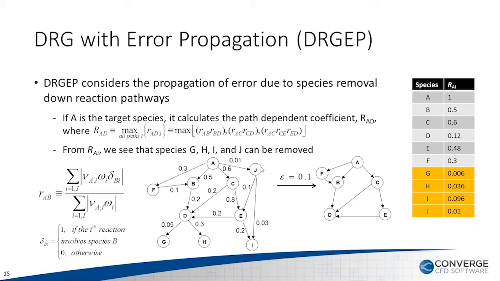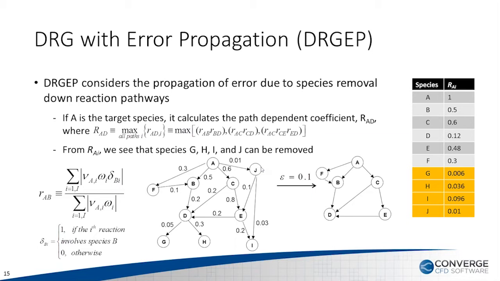Basically, it's saying how important your neighbor is for generating or consuming the species A. For example, let's say how important D is to species A. Then we define a variable called the path-dependent coefficient. Basically, it's looking at all the possible paths from D to A, or A to D, and weighting them in this path-dependent coefficient.